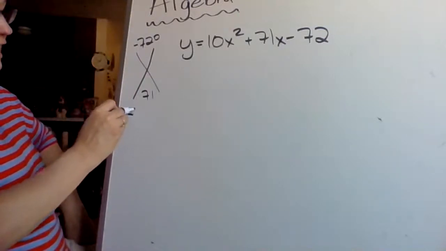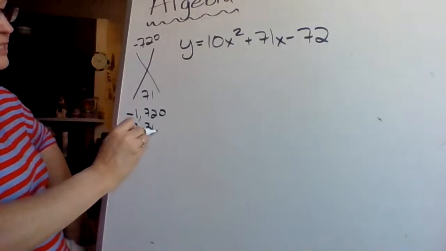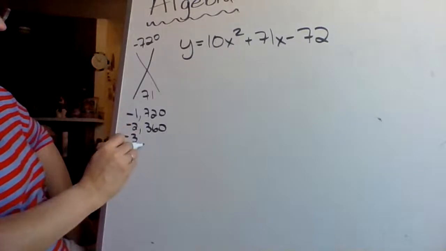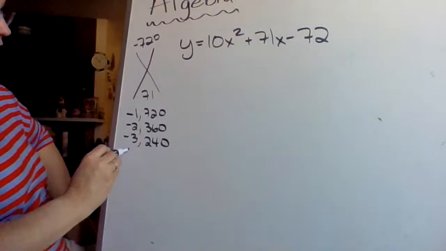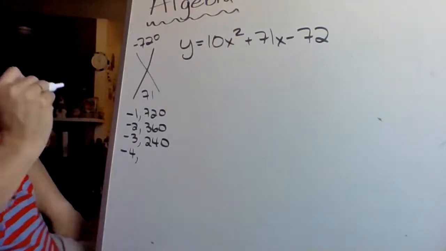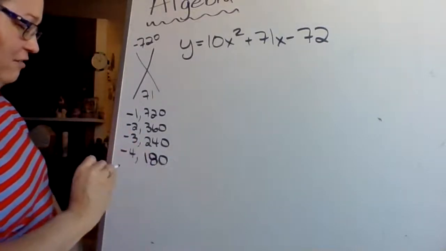So again, negative 1, 720; negative 2, 360; negative 3, let's see, 3 goes into that twice; negative 4. Oh, this one's going to be hard for me. I'm going to cheat. 180, I already have it written down.